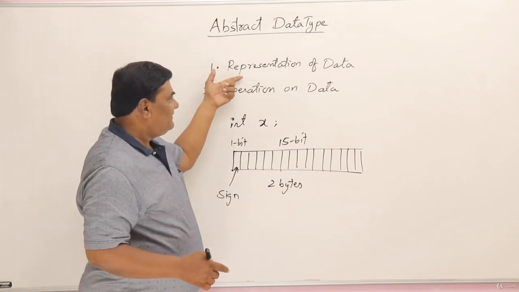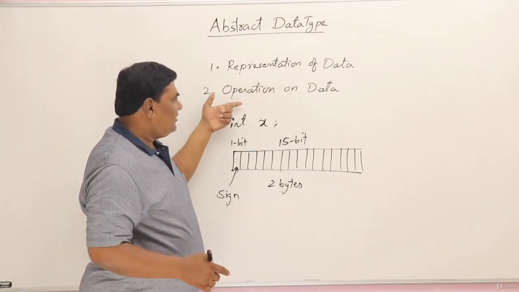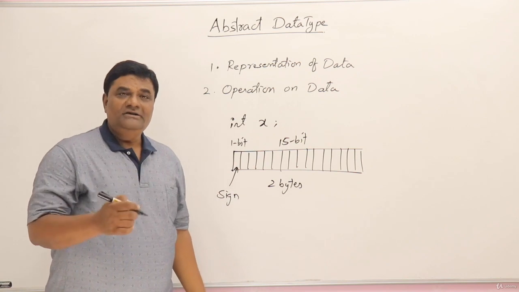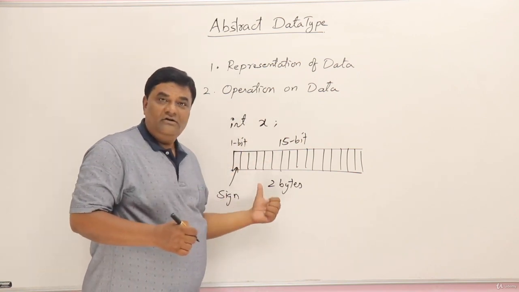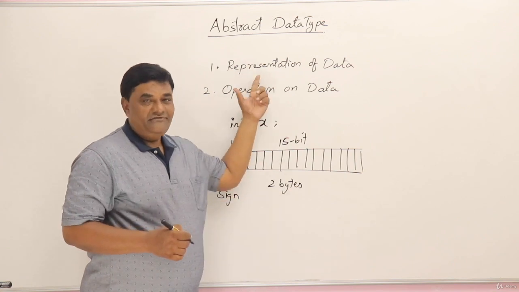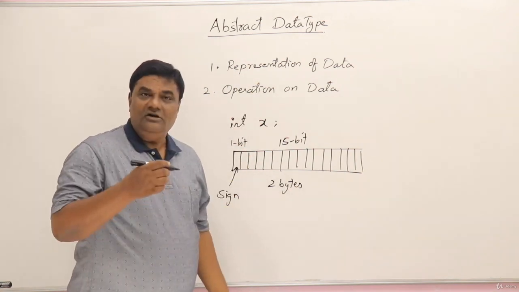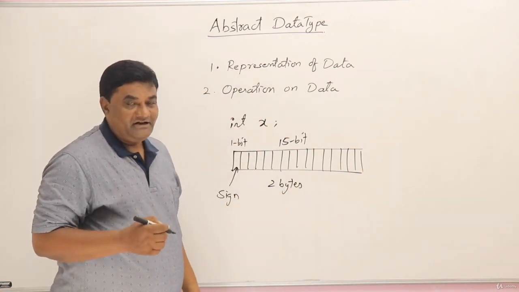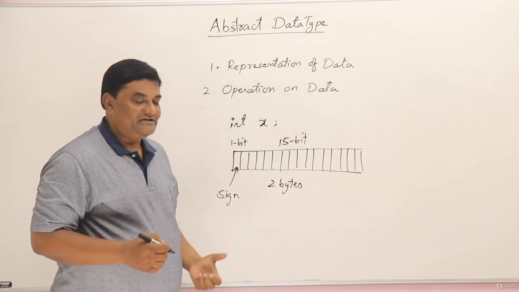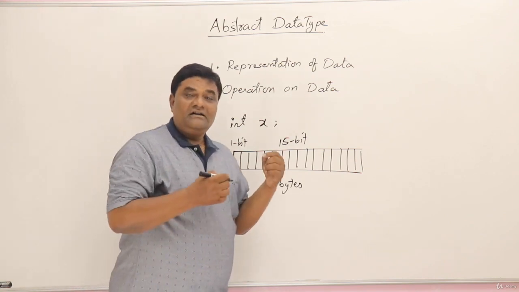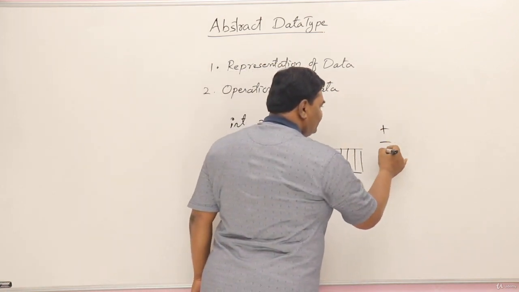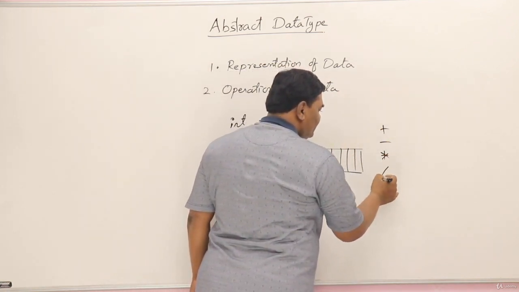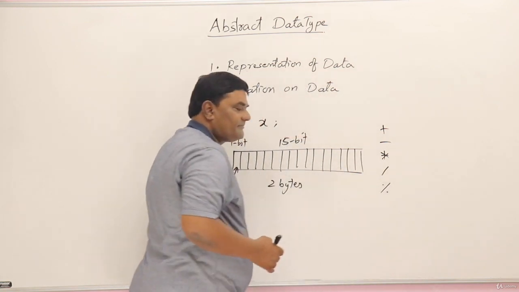So as I said, representation of data and the operations on data. I have taken the example of an integer, and this is how it is represented. This is the first thing we have covered. Then what are the operations allowed on integer type data in C, C++? Arithmetic operations are allowed: addition, subtraction, multiplication, division, and modulus.